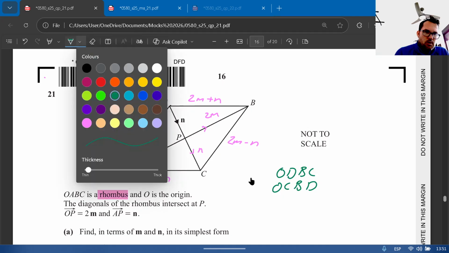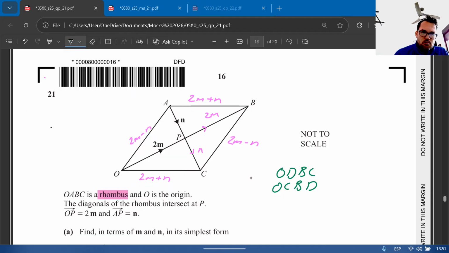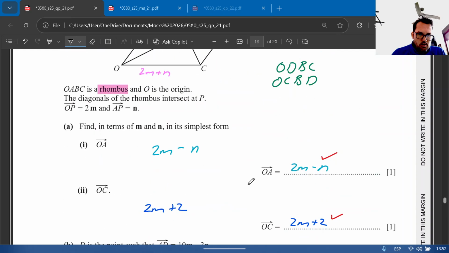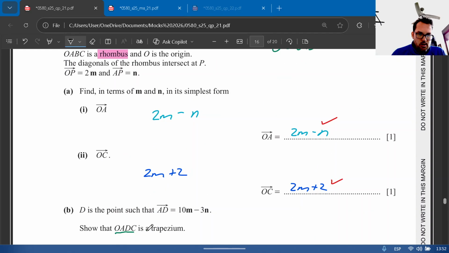And the only spot I can think about is maybe, well, we can't put it that way. If we go this way, it can be OD, BC, AD. So we extend AD. But there is no B there either.